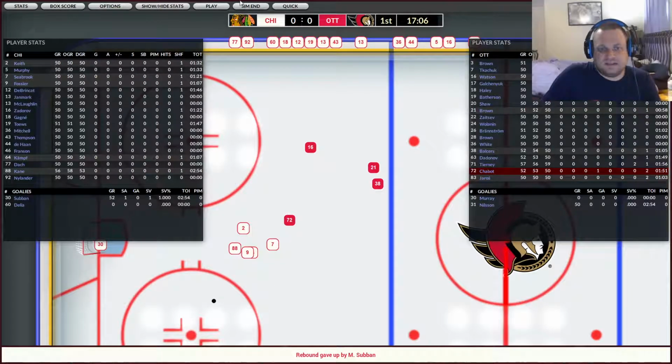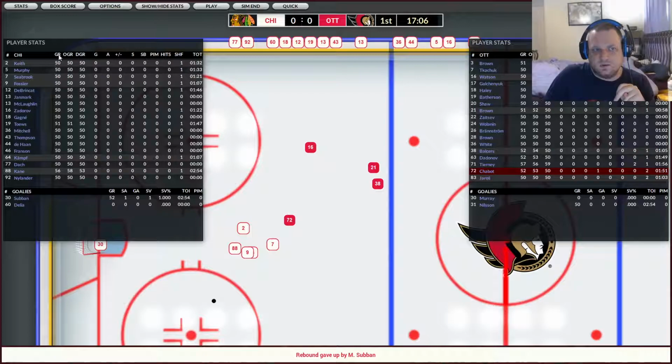So when you look at the stats sheets for your players, the first three stats here, GR, OGR, and DGR, are specific to Franchise Hockey Manager. They stand for game rating, offensive game rating, and defensive game rating.